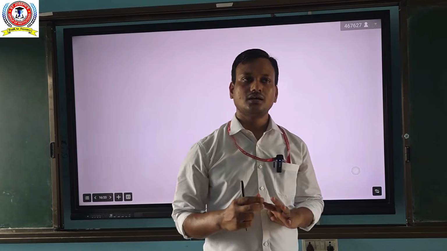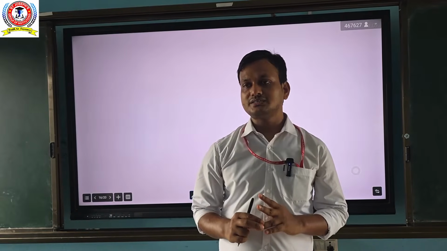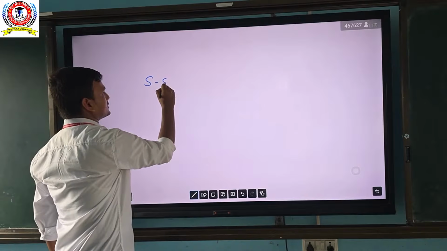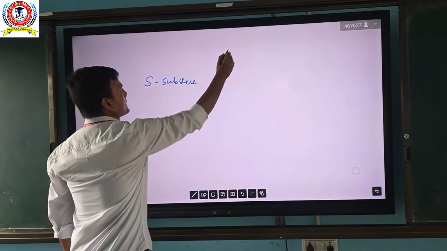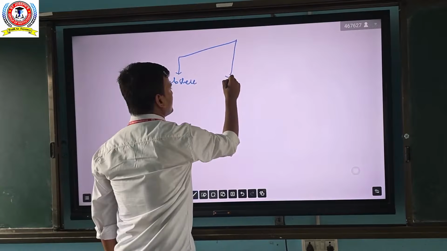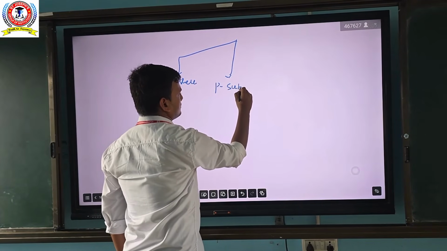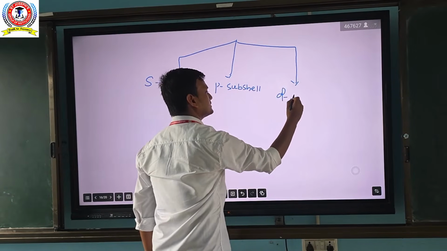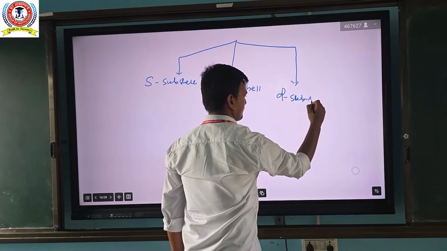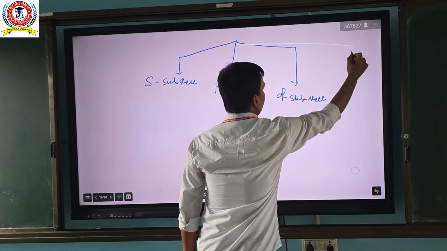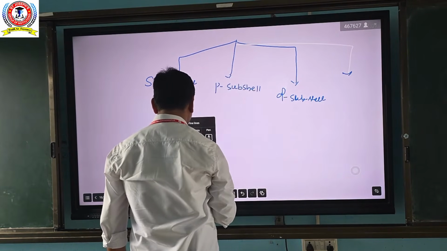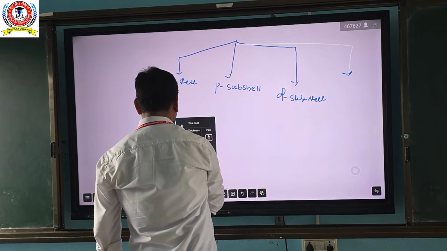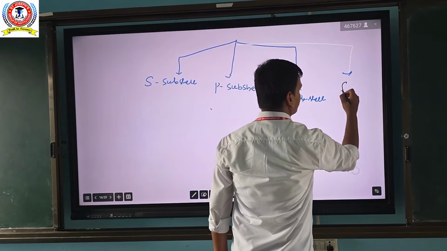One is S, another one is P, third one is D, and last one is F. That means S subcell, second one is P subcell, third one is D subcell, and last one is F subcell.